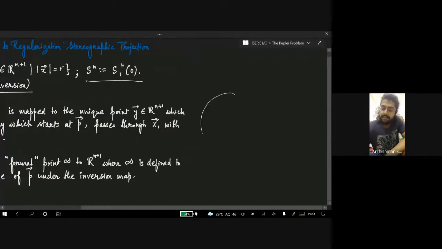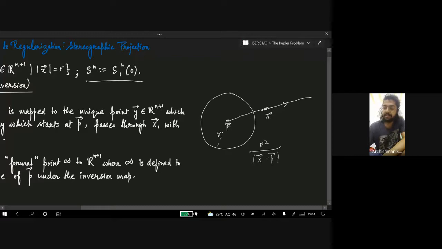You have this sphere with some center at P, and you take any point in R^n, let's say some point x, and you take a ray from P to x. Then you consider this distance, r squared, where here's our radius r, divided by norm of x minus P. You consider this distance, so you walk this particular distance.